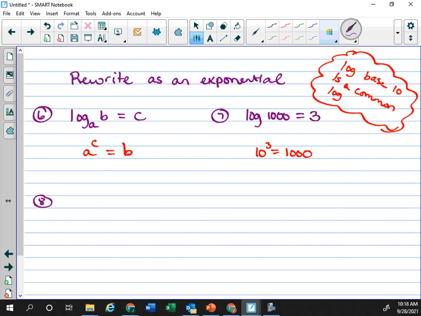All right, let's do log base 4 of 1 over 64 equals negative 3. You guys try that one. See if you can write it real quick.